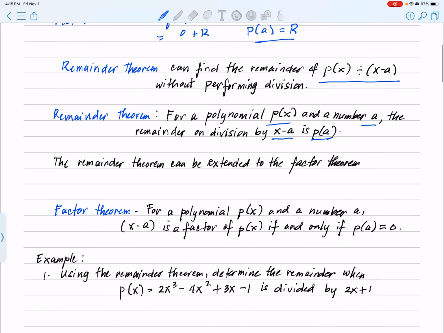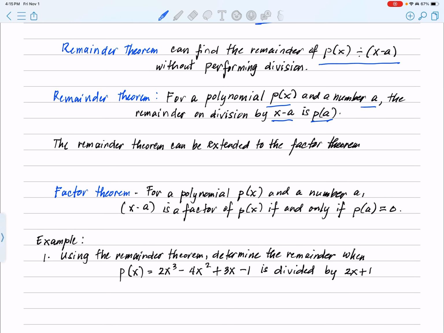The remainder theorem can be extended to the factor theorem, which can help us find the factors of a polynomial without fully factoring the expression. Say if you were able to get the remainder, then maybe you can get to know if that divisor is a factor by using the factor theorem.